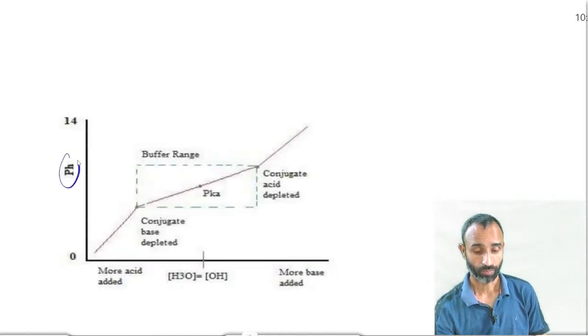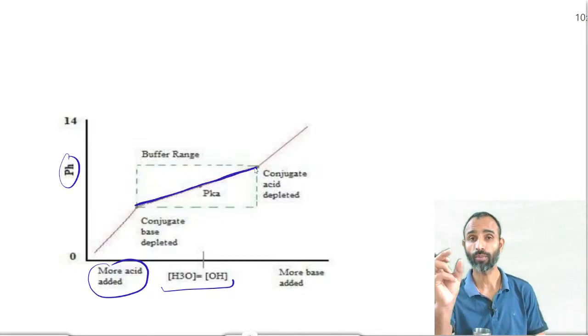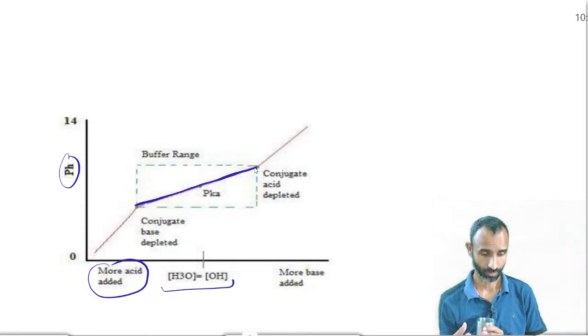So see, pH versus H3O plus or OH negative. From here is the buffer range. If we add a small amount of acid and base, it can counter it.